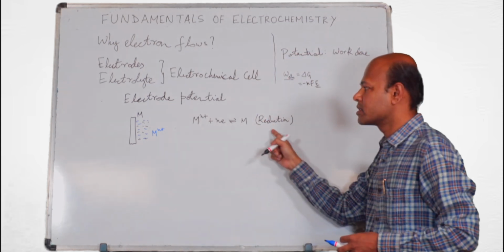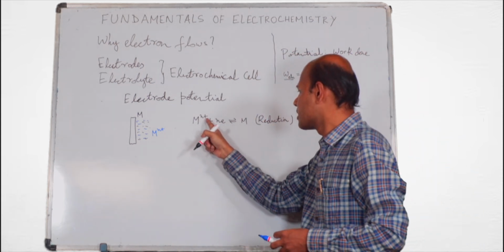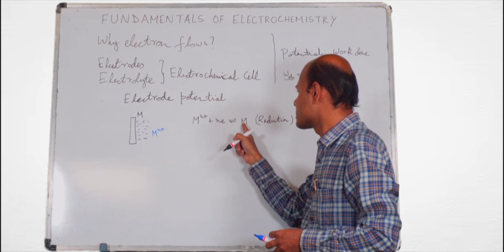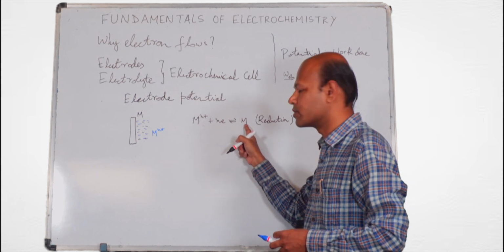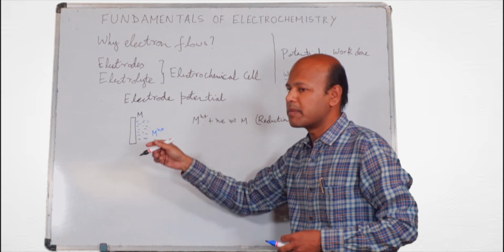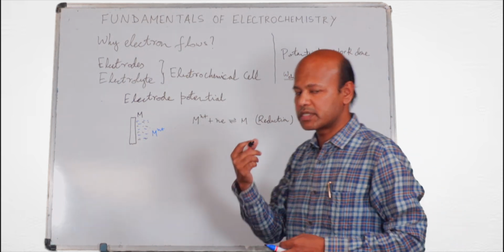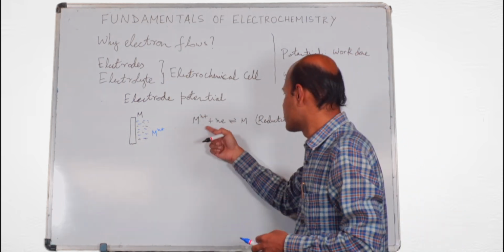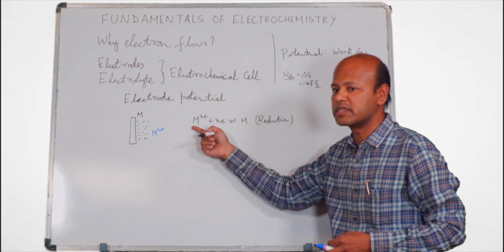Reduction is happening. The metal ion is accepting electrons and getting to the zero oxidation state. That means it is deposited here. So when a metal electrode is in contact with its electrolyte and this electrochemical reaction is happening, this is a reduction.